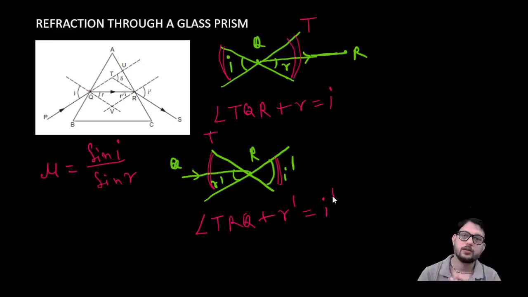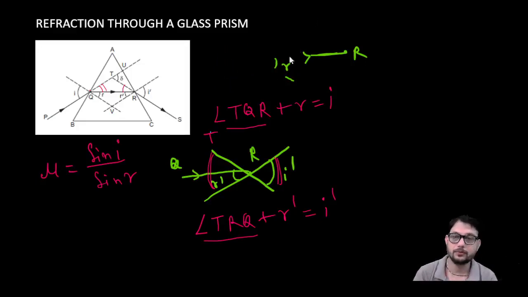If we focus on the two points, Q and R, then we have two angles: one is angle TQR, and the other is angle TRQ. Now what if we add these two angles?